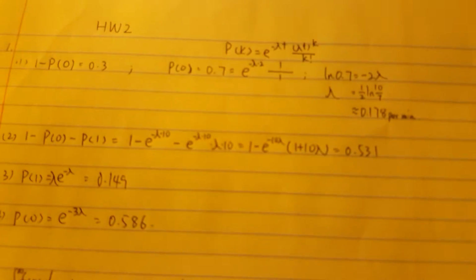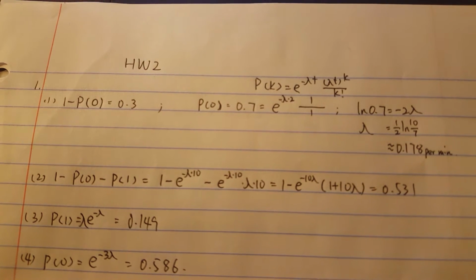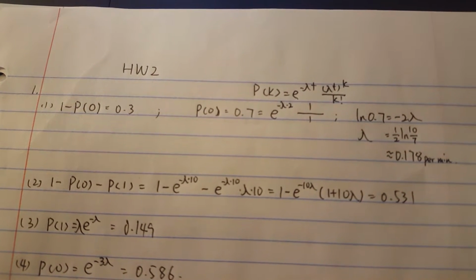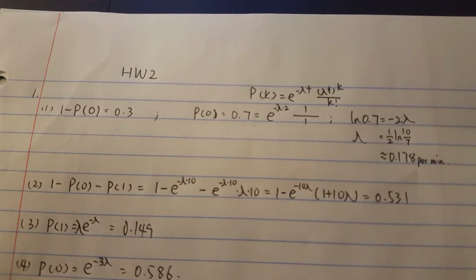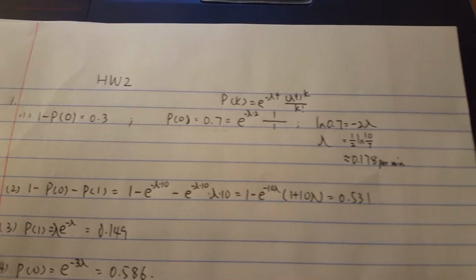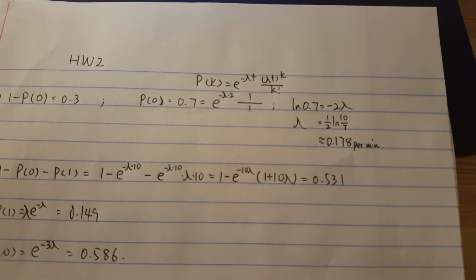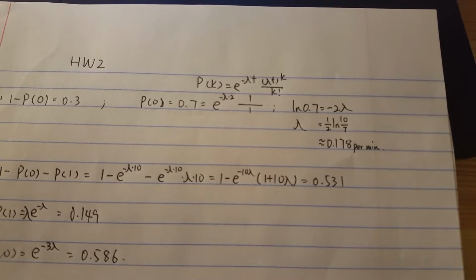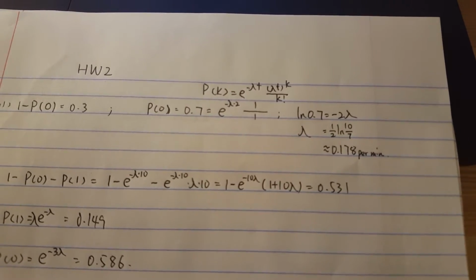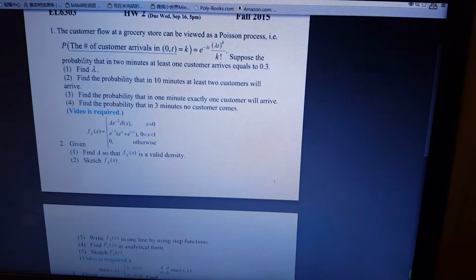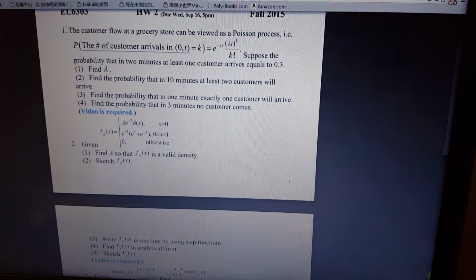So we get this equation: 1 minus probability of 0 equals 0.3, and then we can get the lambda easily. The lambda is about 0.178 per minute.